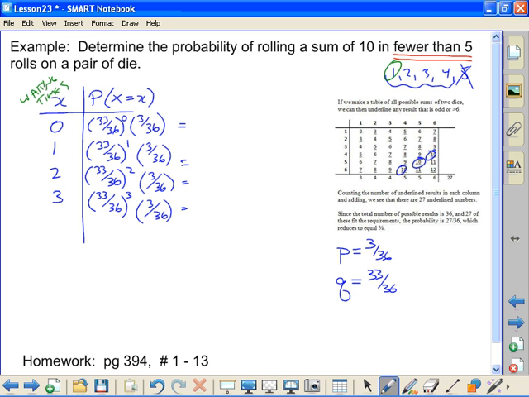So, pulling out the old calculator, quickly running through it. The first one's a 3 over 36, but let's work with decimals here. Oops, not 80%. Pull that back a little bit. 0.083. And 30 over 36 times the 3 over 36, 0.069.